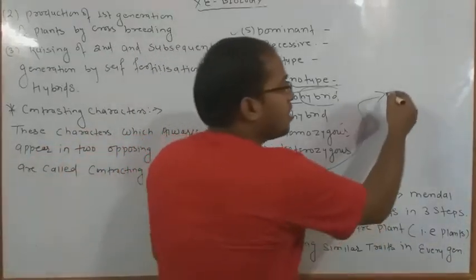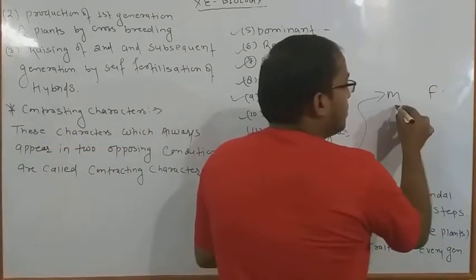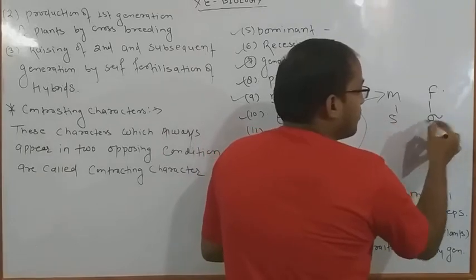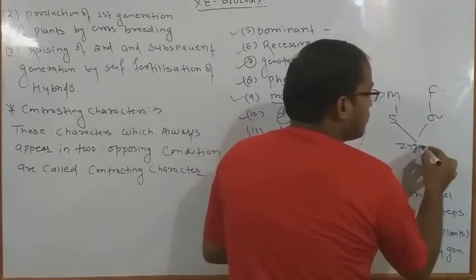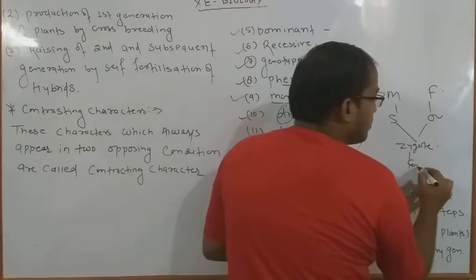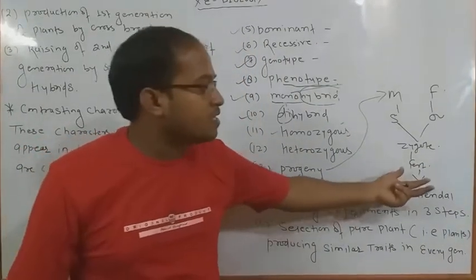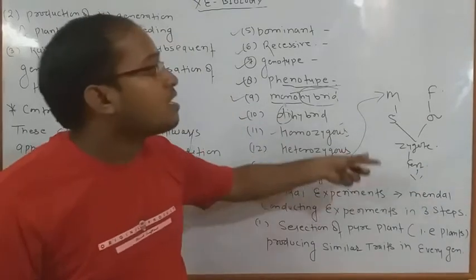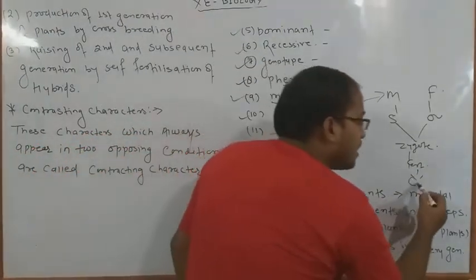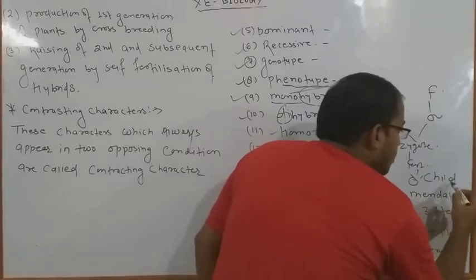Okay, suppose here it is a male and it is a female. They secrete sperm and they secrete ovum. When they get combined to form a zygote, after the zygote they go into fertilization, and embryo development takes place inside the female body. After that they produce their offspring, a child, and the child is called their progeny.